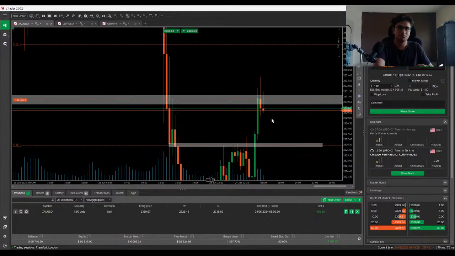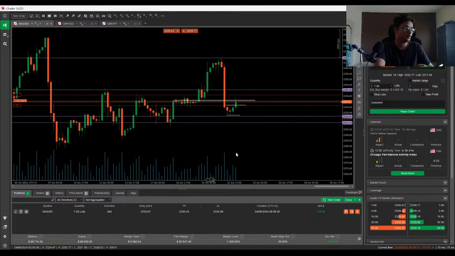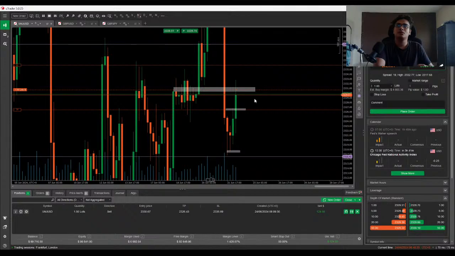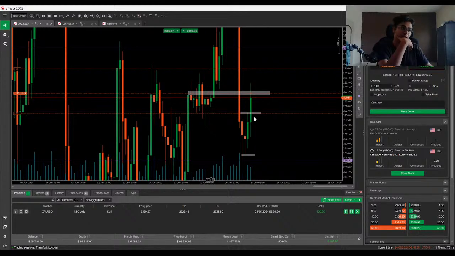But if it does not, then we'll have a new 4 hour candle. If the new 4 hour candle opens up, the only thing I'm not expecting is that the next candle could go up, break the highs, and then flip bearish.